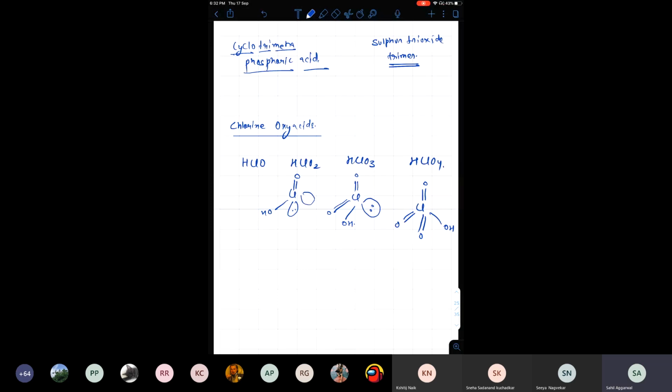So there's a particular way to form these structures. HClO is simply this. Understood all these structures?